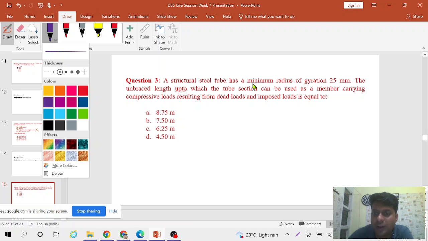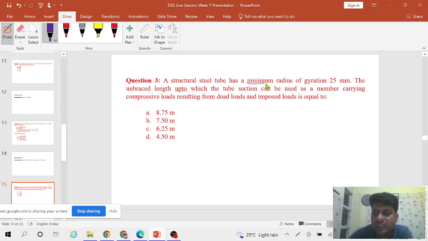What is the first keyword in the question? The minimum radius of gyration, 25 mm, is the first keyword. Second is the unbraced length up to which the tube section can be used as a member carrying compressive loads resulting from dead loads and imposed loads.